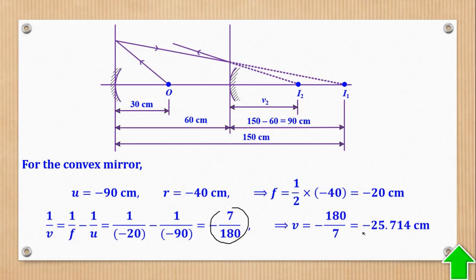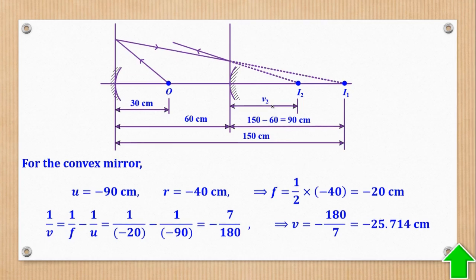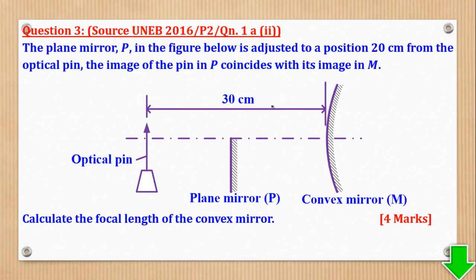Get the reciprocal, and you'll come up with negative 25.714 as the distance, or the position of the final image, which is here. The red diagram was already drawn, you don't need to redraw.